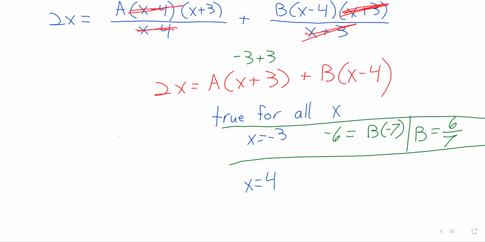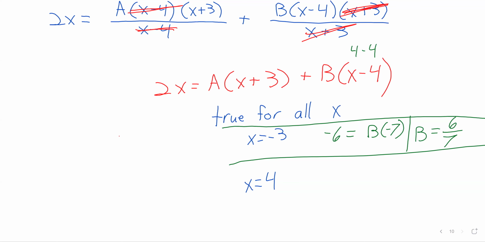We let x be 4. And again, you see that one of those expressions cancels. Well, cancels isn't quite the right word, but it goes away. 4 minus 4 is 0. 0 times B is 0.